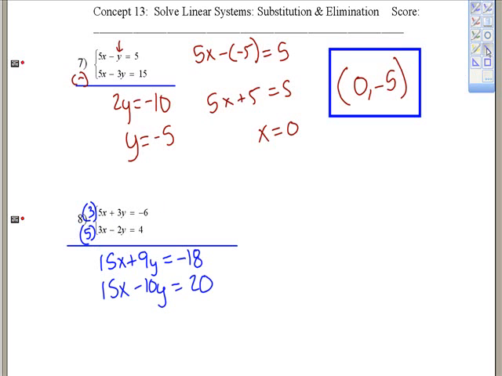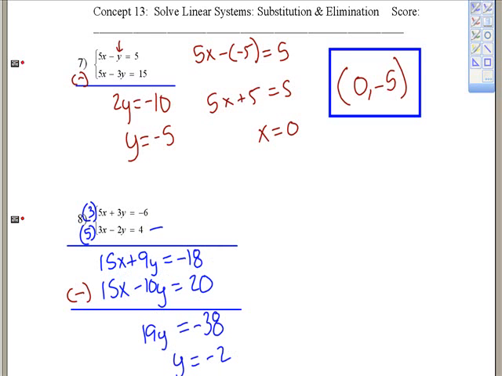Now what can we do? Subtract. 15x's minus 15x's zeros those out, eliminates them, that's good. 9y minus a -10y, be careful with that, is a 19y. A -18 minus 20 should be a -38. When we divide by 19, a -2 appears. Now we just need to find x.